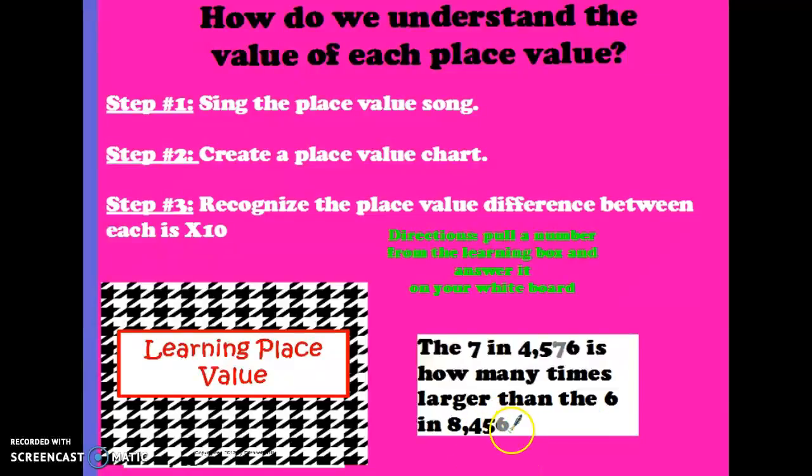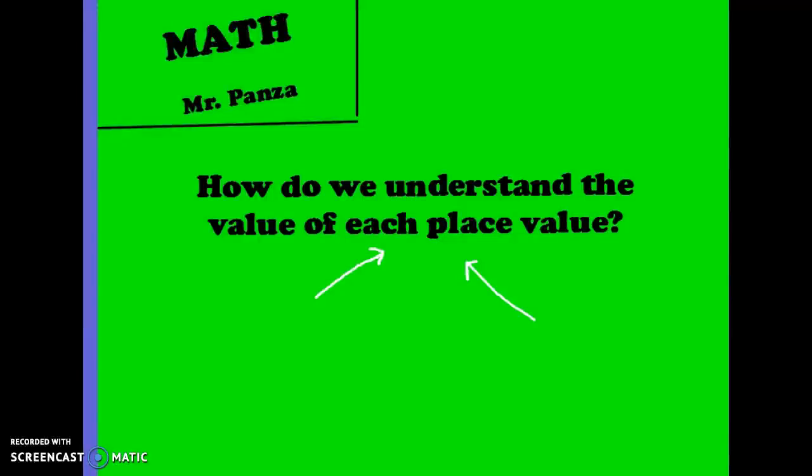Well, I know, based on the fact that I'm moving from the ones to the tens, in comparing this 6 here to this 7 here, even though they're in different numbers, I know that that 7 is going to be 10 times greater than this number down here because we moved from 1 place value to the right back to the left, and that's always 10 times greater.